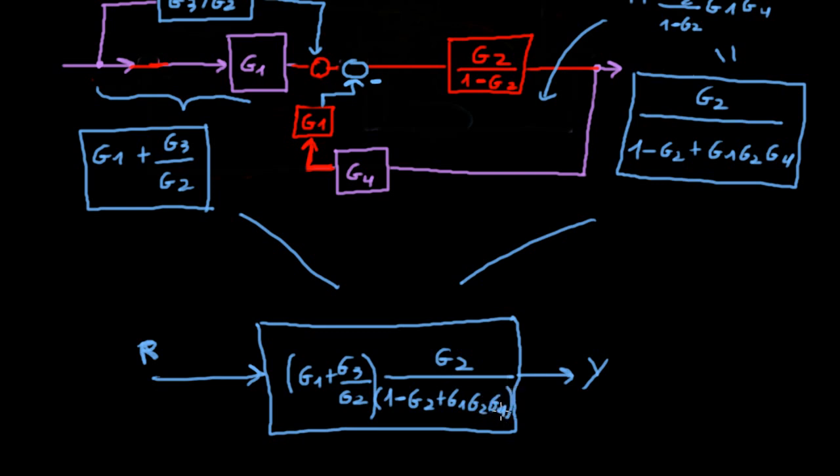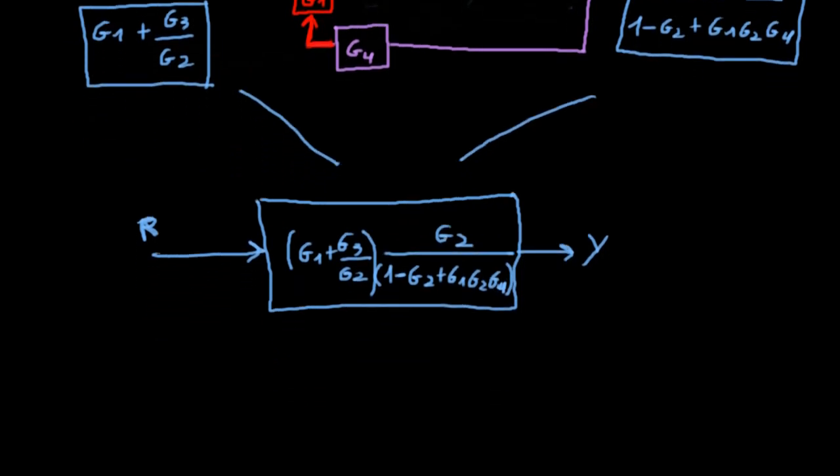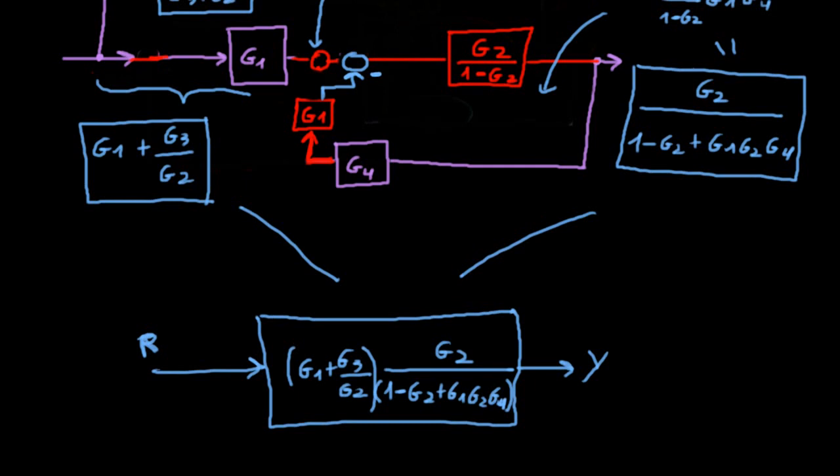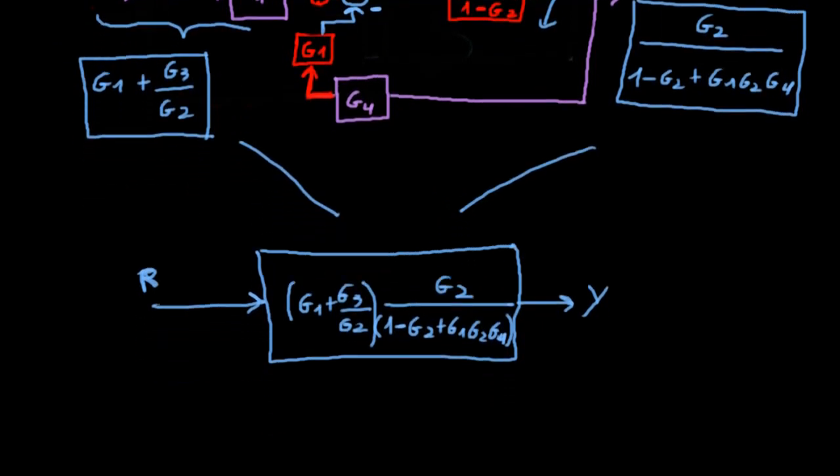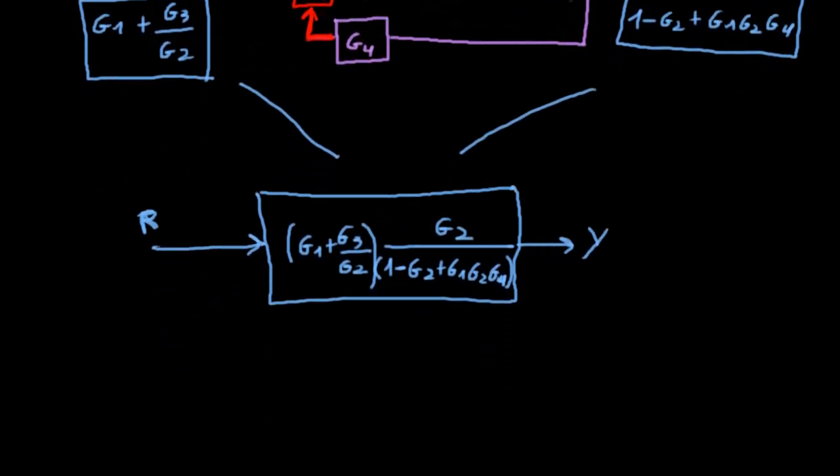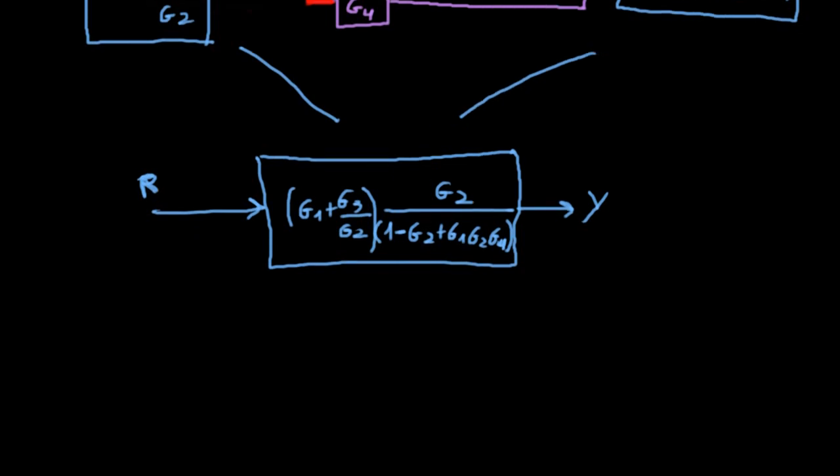Okay, I hope this is enough to show you how to actually, that wasn't that easy, but hopefully you've made sense of it, and now you're capable of solving block diagrams on your own.